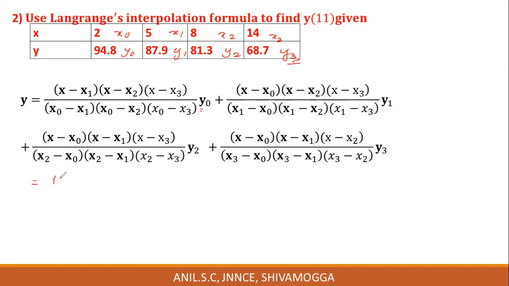Therefore, 11 minus x1, x1 is 5. 11 minus x2, x2 is 8. 11 minus x3, x3 is 14. This is divided by x naught minus x1. x naught is 2. 2 minus 5, 2 minus 8, 2 minus 14 into y naught.